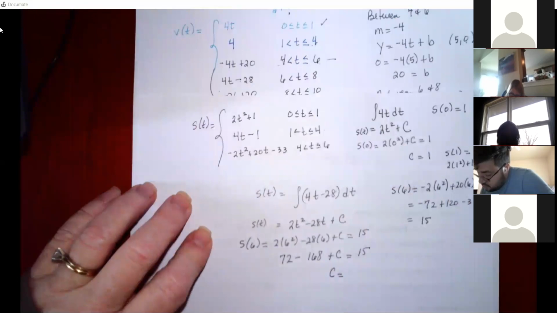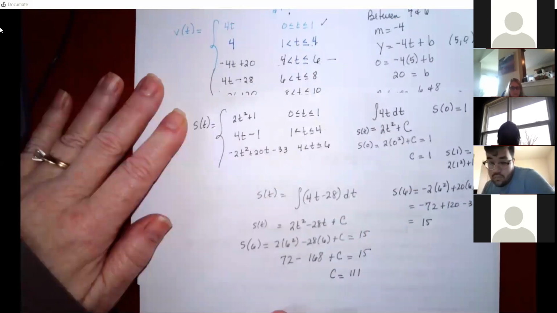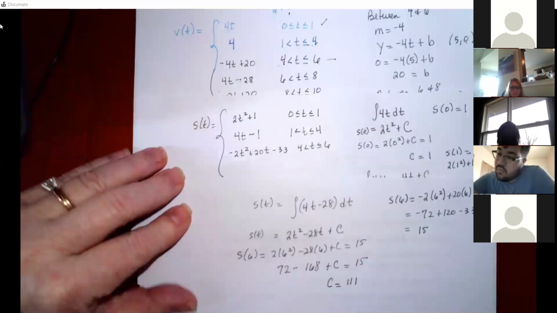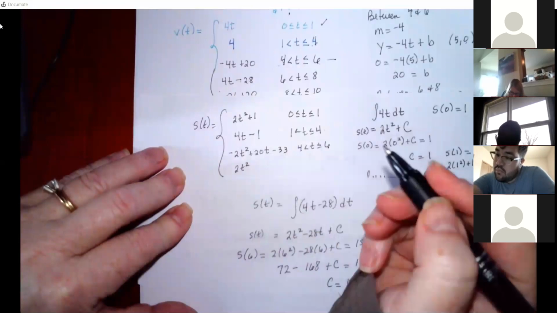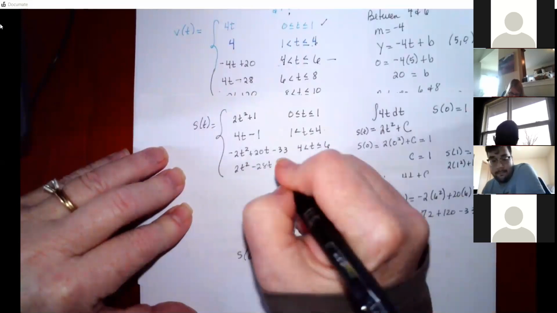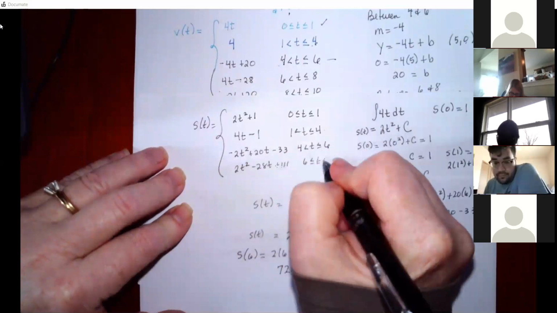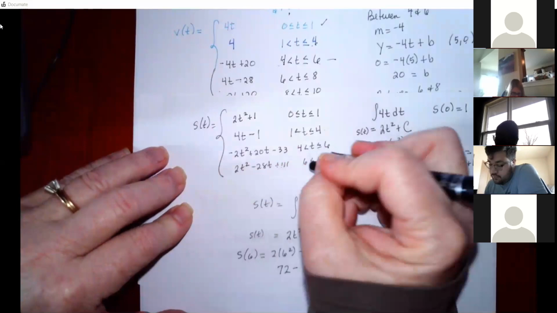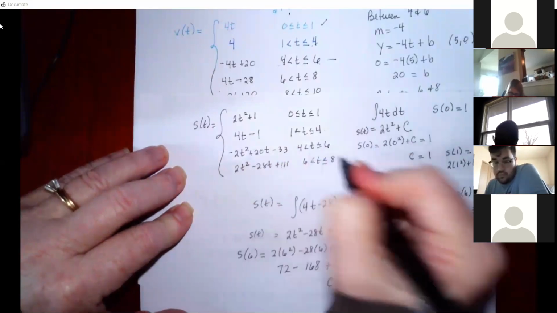That's what I got. So we'll go with 111. So our position function for that part will be 2t squared minus 28t plus 111, and that's the interval from t equals 6 to t equals 8.